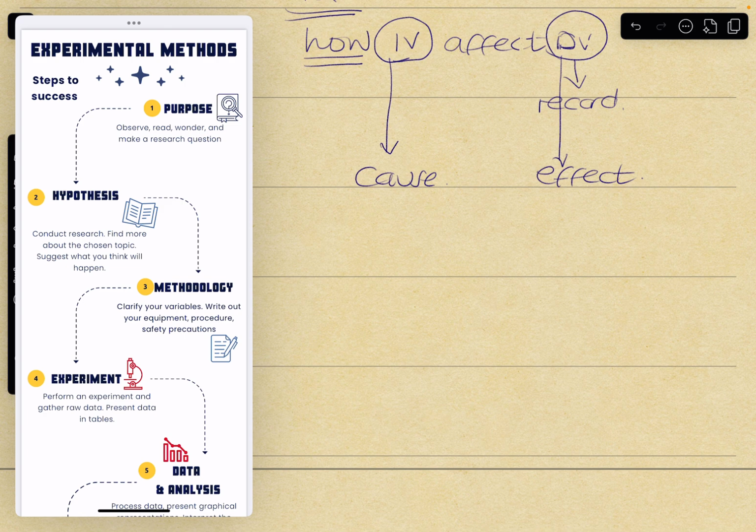So a lower quality example would be something that is just identifying the IV or the DV. So how does sunlight affect carrots grown?